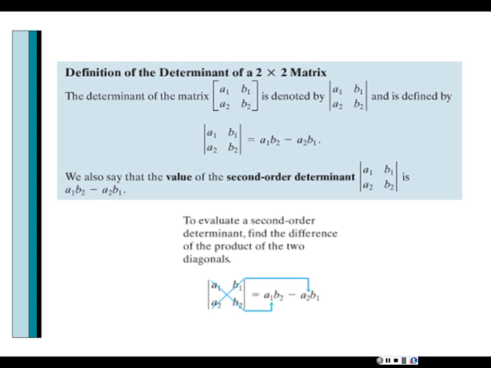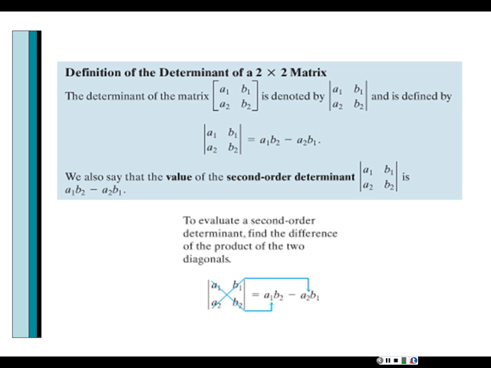Now, you can always write the matrix as an equation, which is called the determinant of a matrix. Look at this matrix. The first column has elements A1, A2, and the second column has elements B1, B2. To make a determinant, all we do is cross multiply them. Do you see the blue lines?